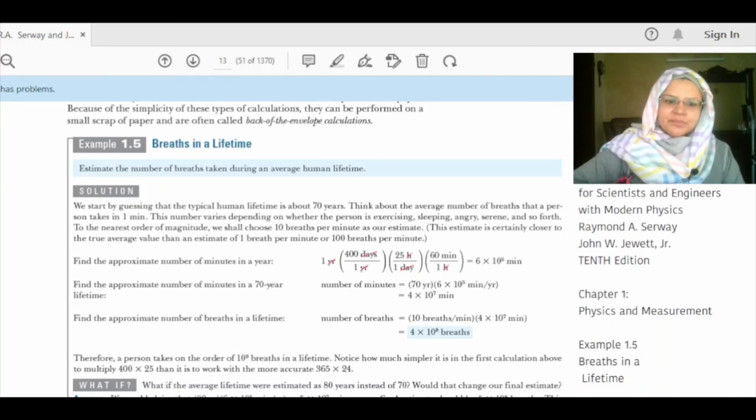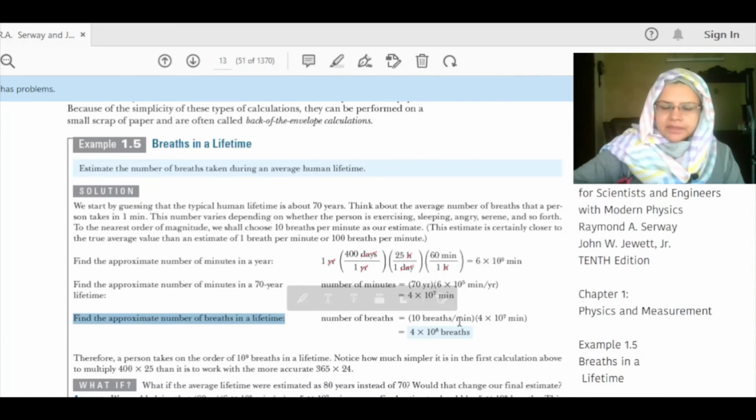To find the number of breaths, it is even simpler. Find the approximate number of breaths in a lifetime. Number of breaths is equal to 10 breaths per minute times 4 times 10 raised to power 7 minutes. 4 times 10 raised to power 7 minutes were the number of minutes in 70 years of lifetime, and in each minute the person takes 10 breaths per minute, therefore giving us the answer of 4 times 10 raised to power 8 breaths.